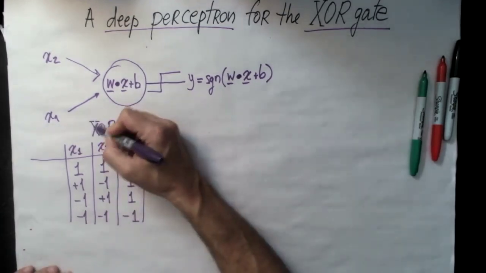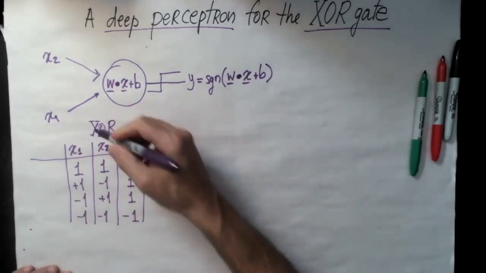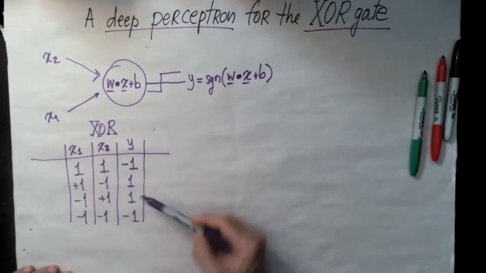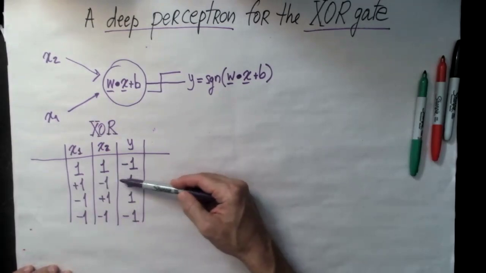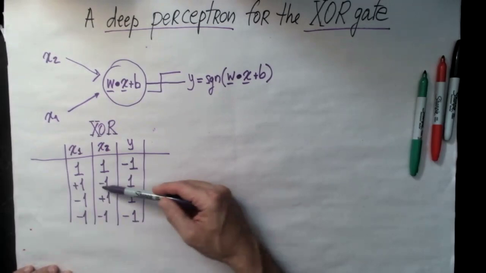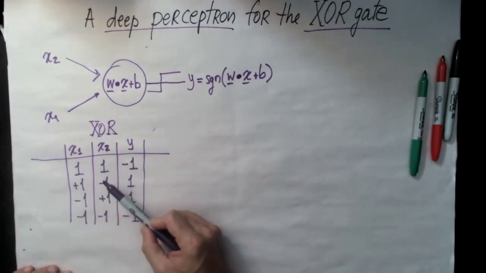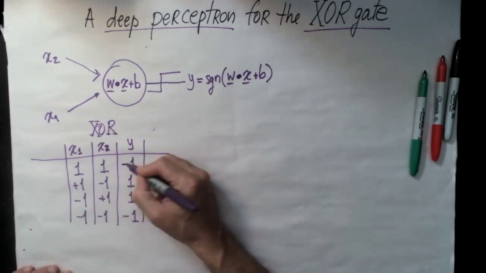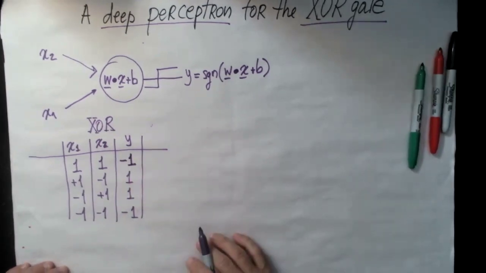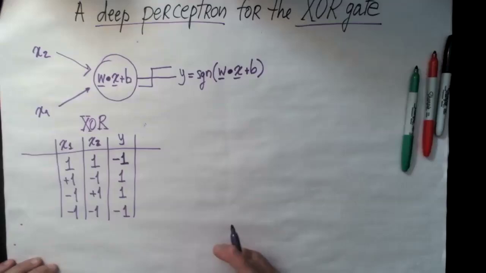So the difference with the OR gate is that we can have one winner, but we cannot have two winners at the same time. That's basically the XOR.